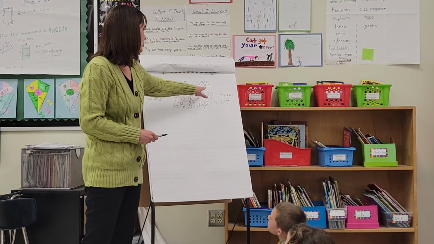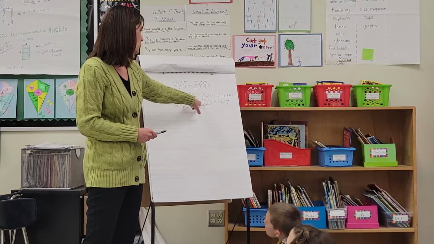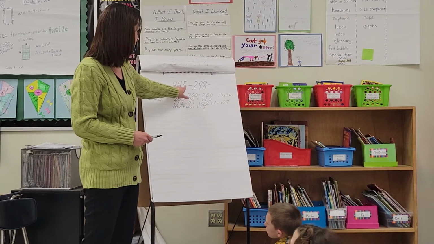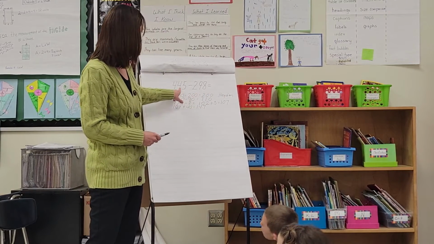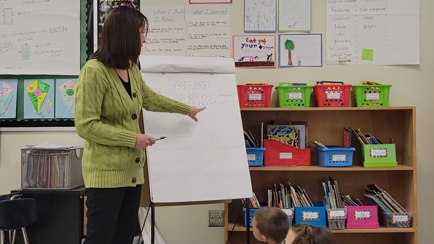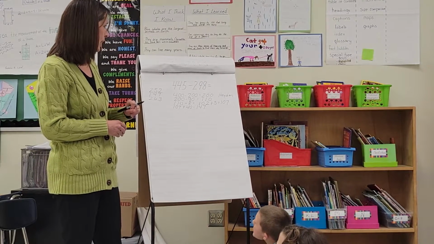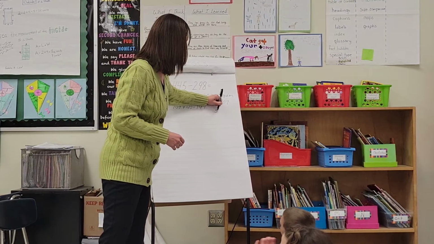And then he took away his 8 ones to get 102. Then he added the 5 back in, because that was on the side that he started with, and got 107. And then he added the 40 back in and got 147. So he was subtracting in parts. Yeah, I would say that.